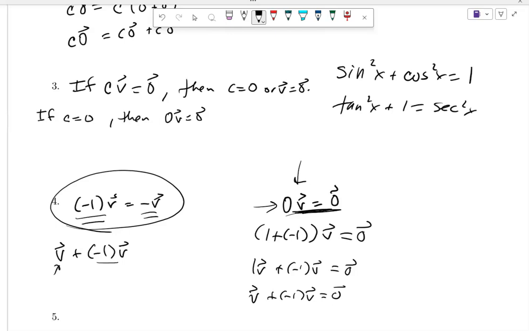We already know that, right? So let's suppose that C is not 0. We need to show that V is the 0 vector, right? We agree with that? Okay. So let's do that.